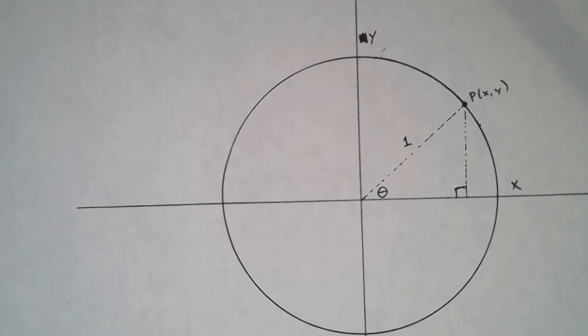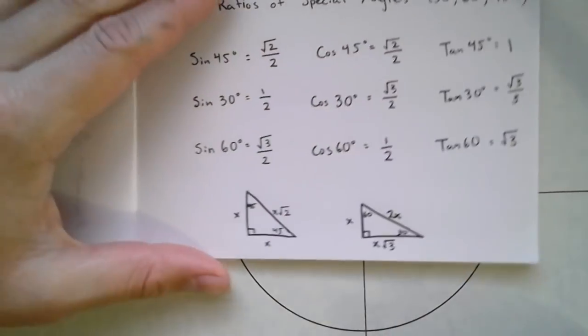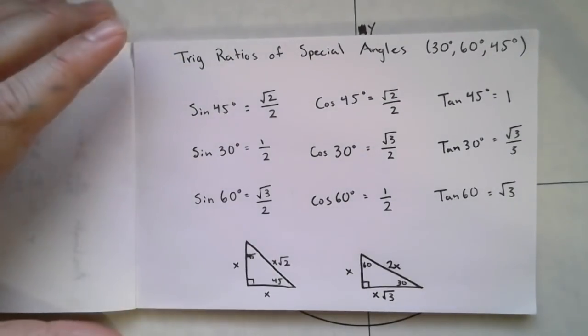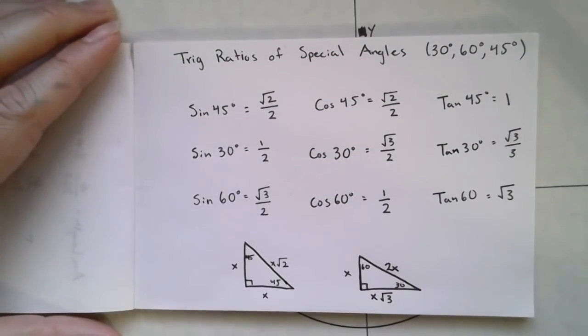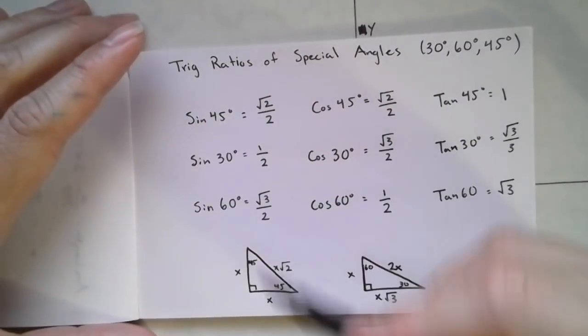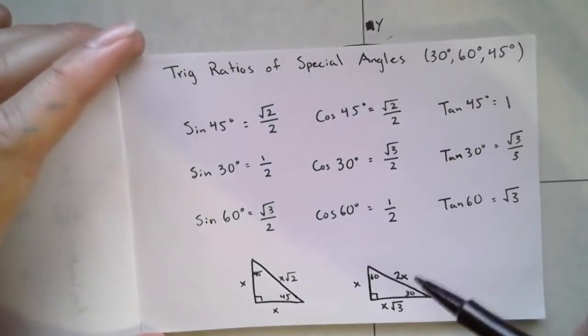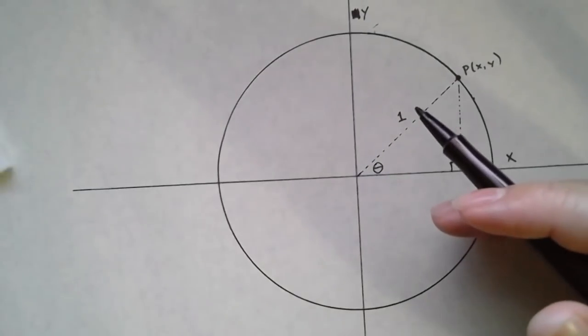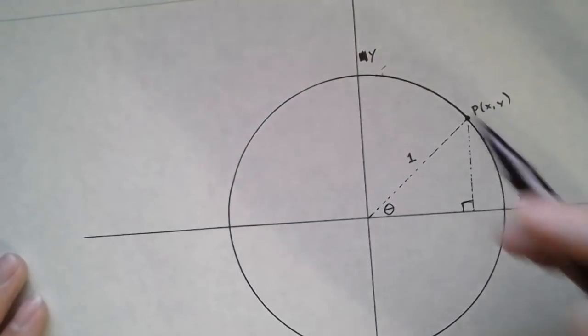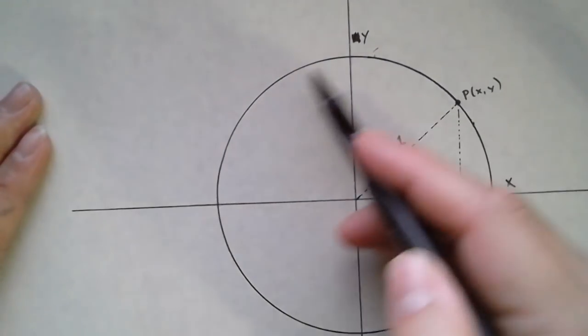So what I've done is I wrote them here, so they're just handy for the sake of this video. And what the unit circle is, is just applying these triangles into the circle and then being able to define the point P of x, y all over the circle.